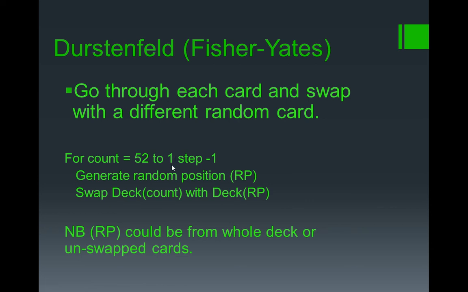It just doesn't move. If you're swapping it from anywhere in the deck, then it becomes a little bit more useful. And this is an effective shuffle with literally one sweep through the card deck. Obviously, its limiting factor is how random the random number generator is that you're using.